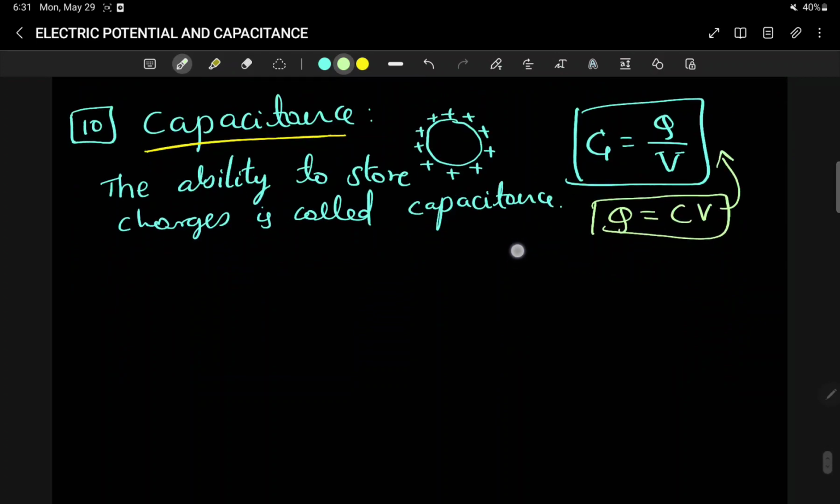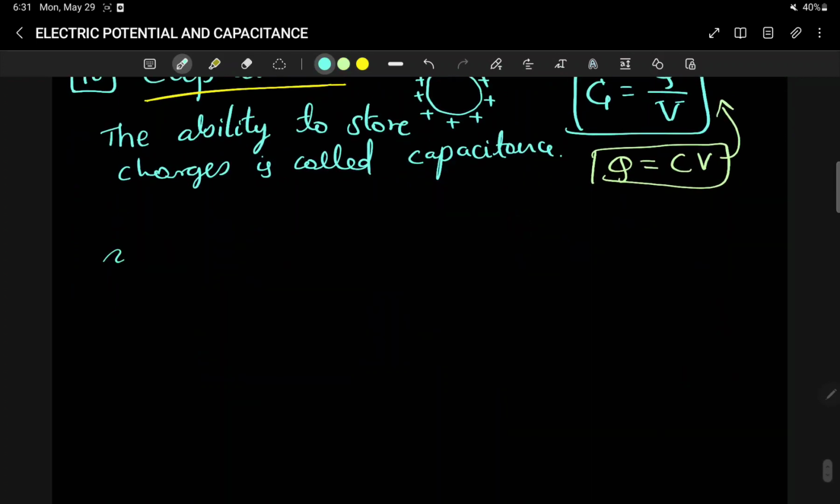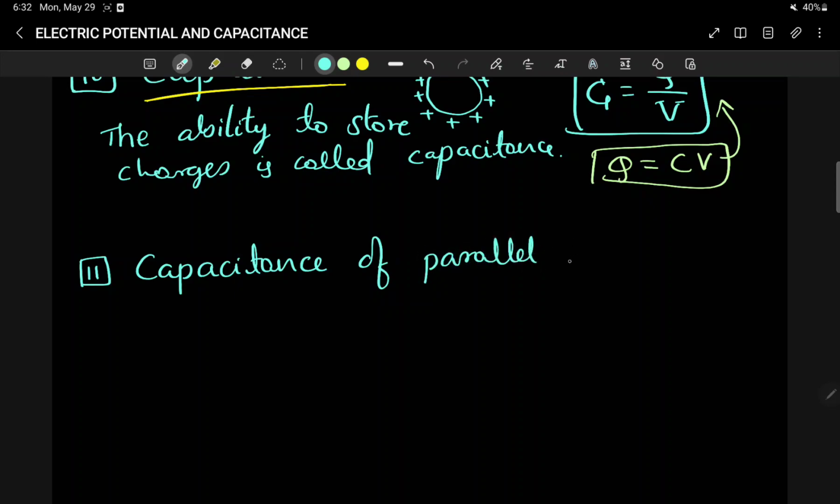Okay, next, what is the capacitance of a parallel plate capacitor? That is the 11th formula. Capacitance of a parallel plate capacitor is given by, see, this is the symbol for a parallel plate capacitor.